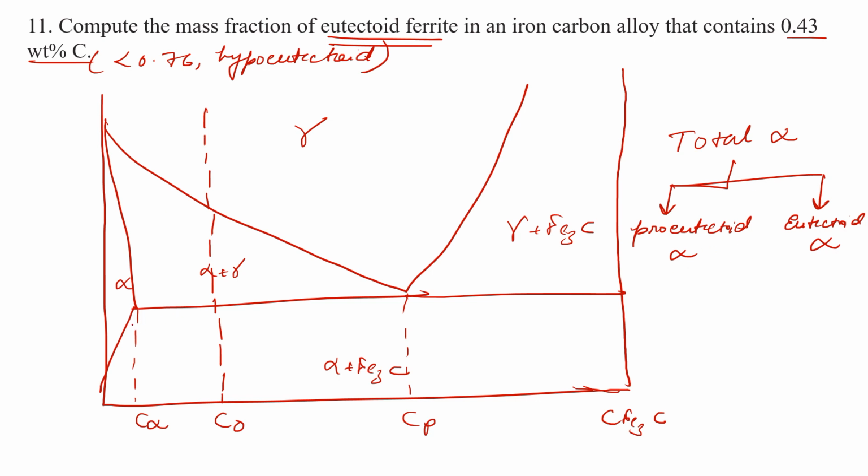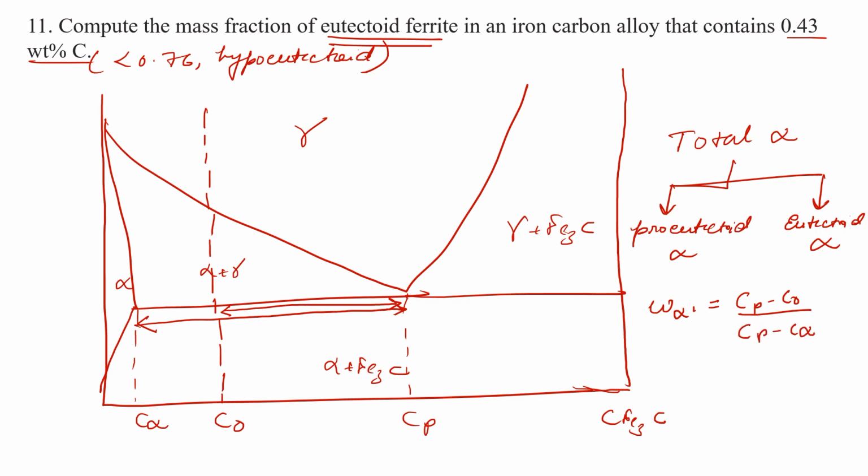So how will you do that? Pro-eutectoid ferrite can be given by this part, this arm divided by this arm. Okay, so pro-ferrite, basically W alpha prime, can be given as Cp minus C naught divided by Cp minus C alpha.